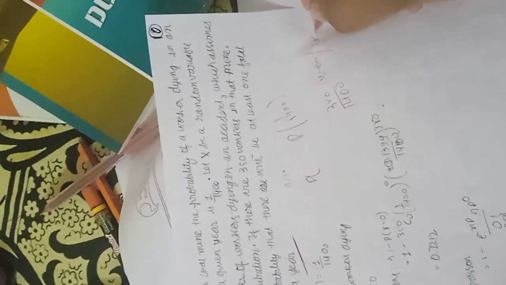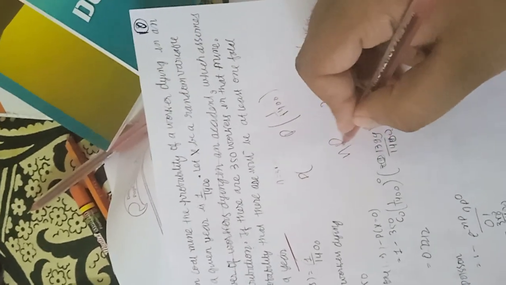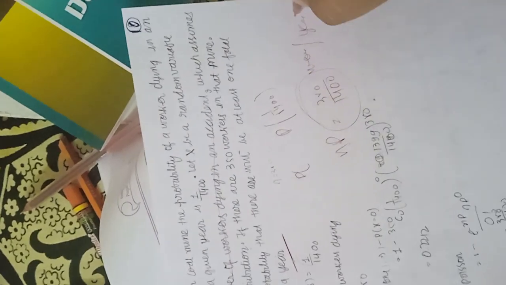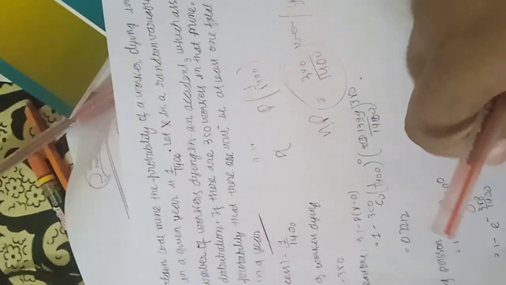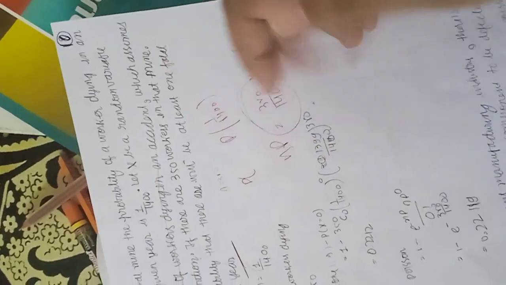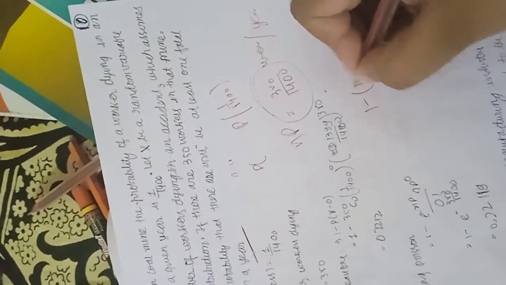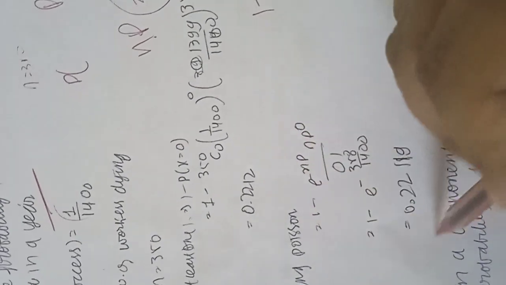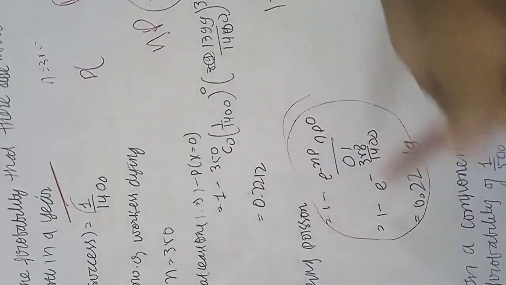This is the average NP, given as this number of workers per year. So the probability of at least one is equal to 1 minus P(0). You can see this. From Poisson you can better understand this.